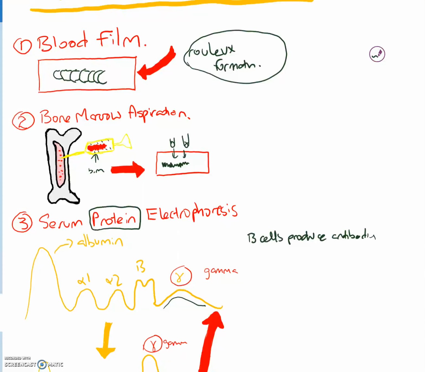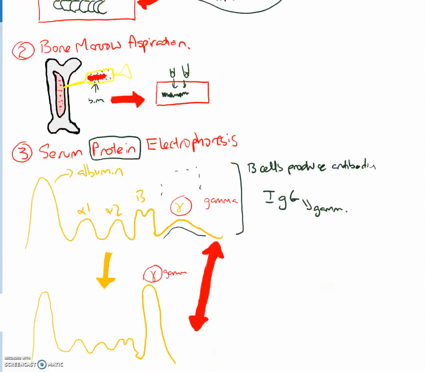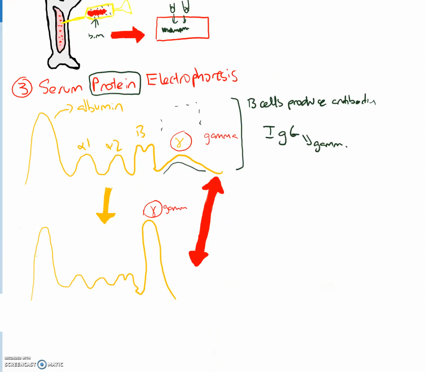This is the one we're interested in, because since multiple myeloma B cells produce IgG, which is gamma, we want to look at this region here. This is how it looks in a normal person. This is how it looks in a multiple myeloma patient. We see that IgG is being so overproduced that it actually spikes up.